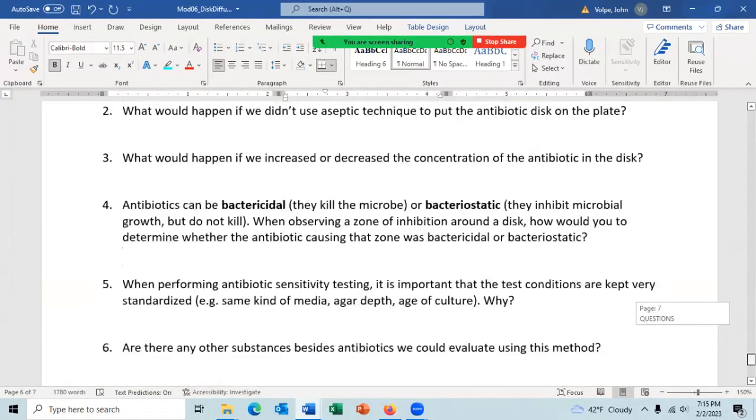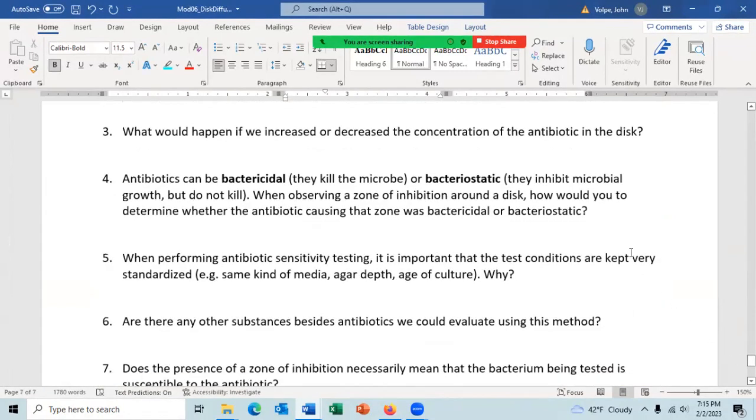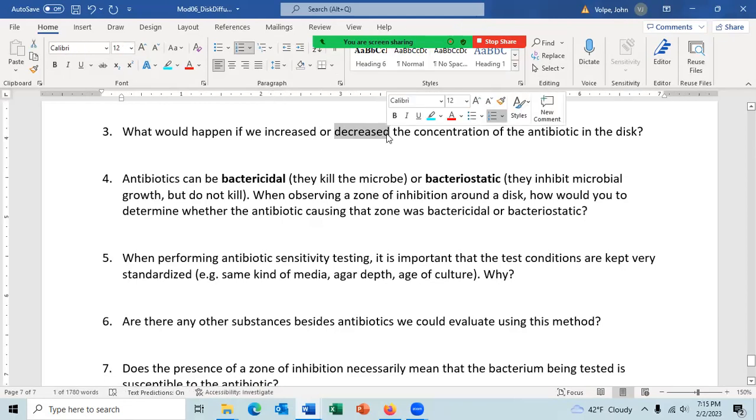Sometimes students only answer this one partway. So they discuss what happens if we increase it. And if you only give one answer, that doesn't explain what happens if you decrease the concentration. So you have to answer for both, at least if you want full credit.